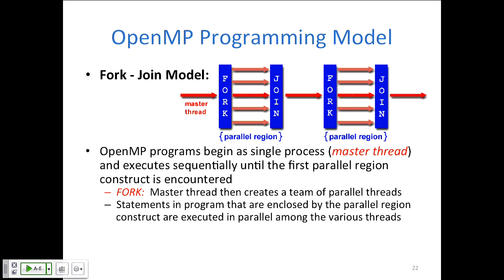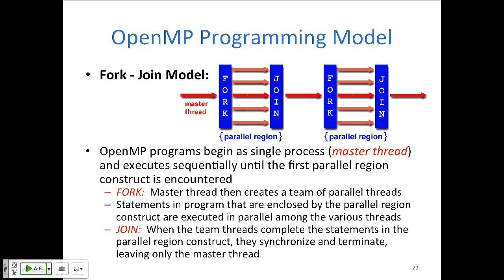So most of the C code is just sequential code run by the master thread. Then you hit some loop or something that you want to run in parallel. You just annotate that loop and say, do this in parallel. And the system will automatically split it up across the set of threads in this parallel region. And then when it's done, the system will also make sure all the threads come together, synchronize, and make sure everybody's completed their task before you go back to running sequentially on one thread. Okay, so this is the basic OpenMP model.